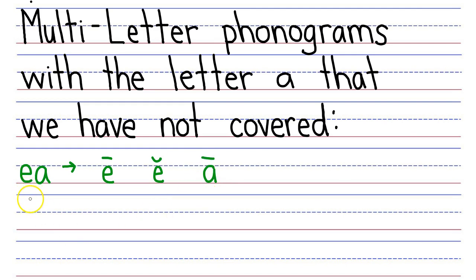We have not learned EAU, which makes 3 sounds. It can make a long U sound, which is actually 2 sounds, the consonant Y sound and a long double O sound. It can make a long O sound, and it can make a short O sound, ah.